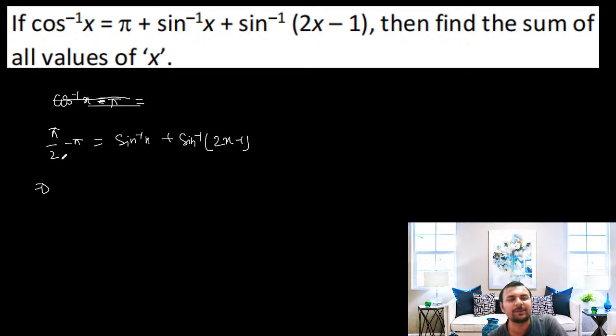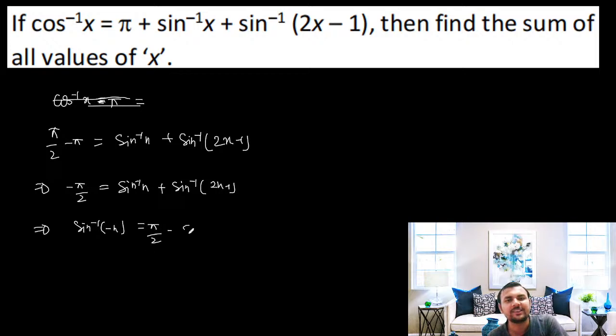This is minus pi by 2. And this is sine inverse x. This is sine inverse 2x minus 1. We'll have sine inverse minus x, pi by 2 minus sine inverse 1 minus 2x, which is nothing but cos inverse 1 minus 2x, and this is sine inverse minus x.